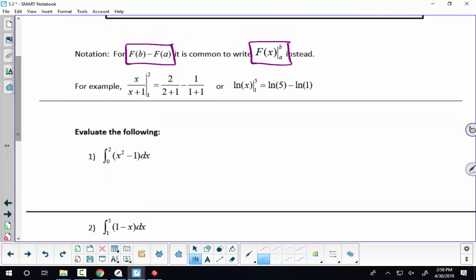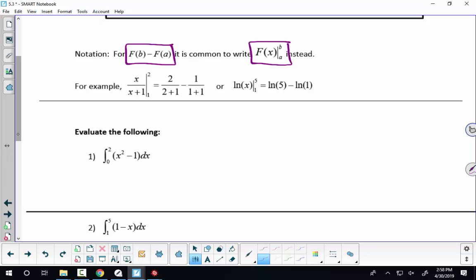Let's see. If you remember this example number 1, the integral from 0 to 2 of x squared minus 1 dx, that was one of the examples we did in 5.2 using the definition. You might have forgotten, but we did get that result to be 2/3.